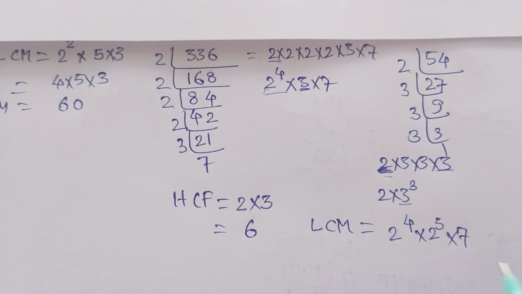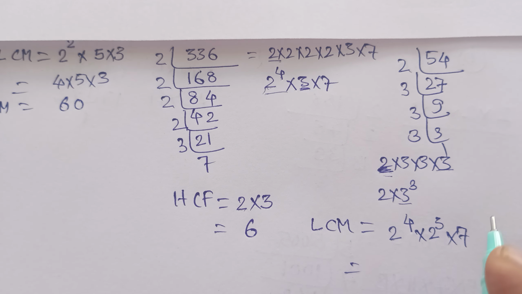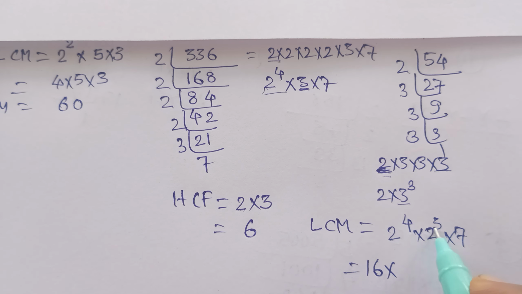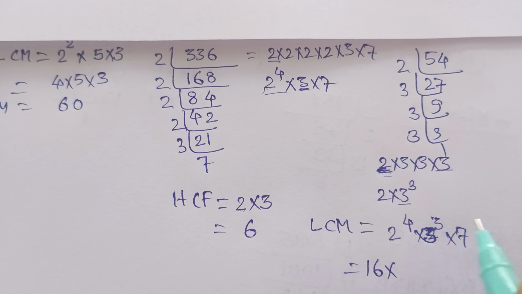You do 2 to the power 4, which means 2, 4, 8, 16. So 16 into 3 to the power 3. Sorry, I wrote it wrong. It should be 3 to the power 3. So it will be 27 into 7.